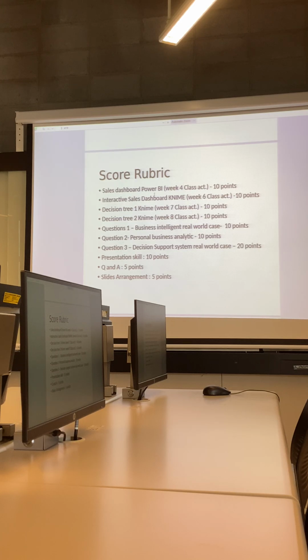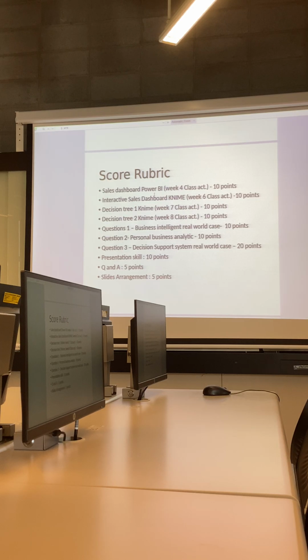Then represent or show the week 6 class activity, which was an interactive sales dashboard using N8N. Just go to your week 6 class activity, represent it, and explain a bit. Then you can also represent the decision tree from last week's activity and explain.